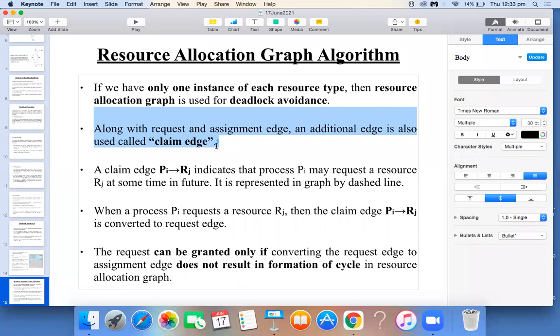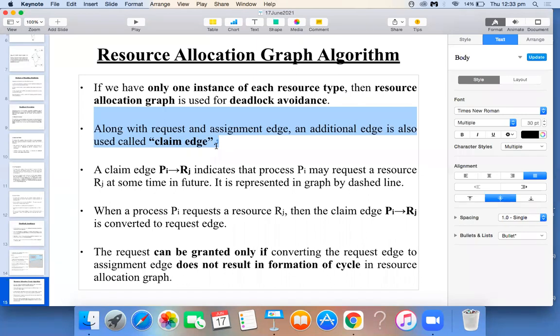It is a prediction. What does prediction indicate? In future the process Pi is going to request resource Rj. Sometime in the future a process will request this resource, and we predict that beforehand. That prediction is called a claim edge.